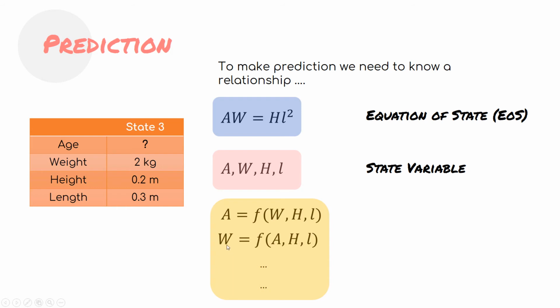You can write W on the left side as a function of A, H, L, and there are two more. When you write it like this, AWHL, age, weight, height, and length, are also state functions. We'll use the terms state variable and state function kind of interchangeably, so I just want to let you know.